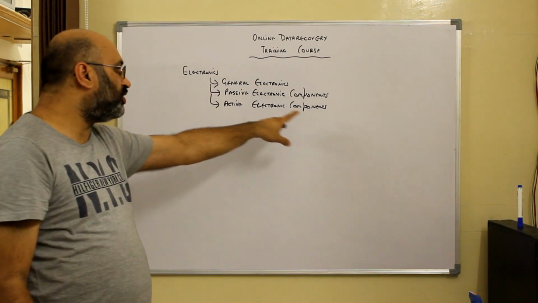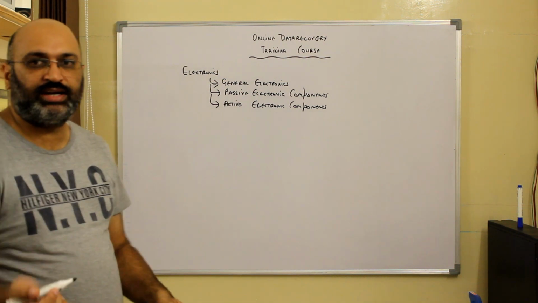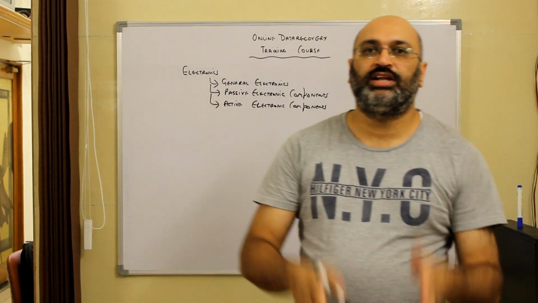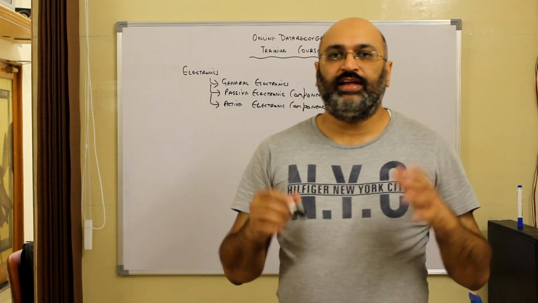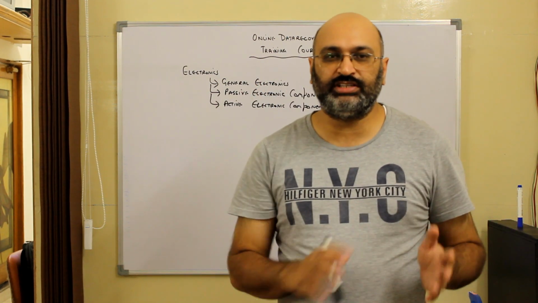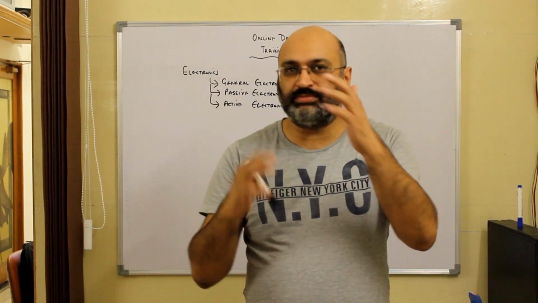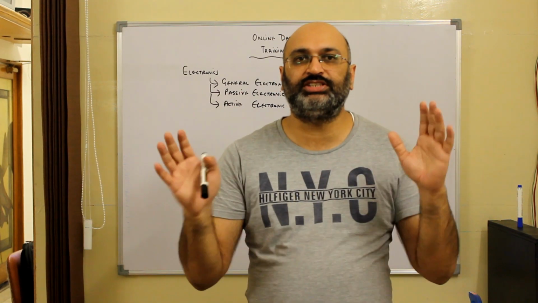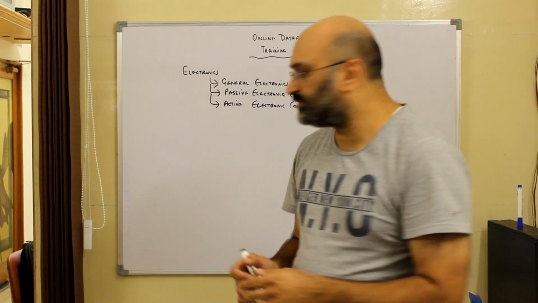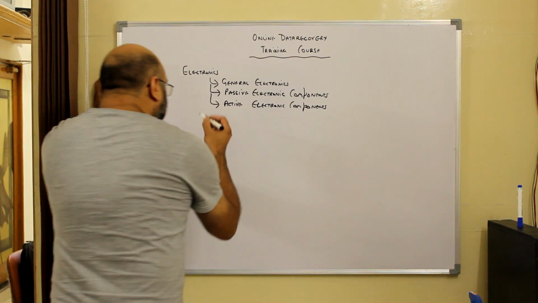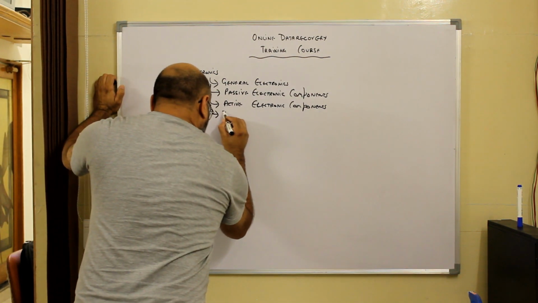In the active electronic components, we will cover semiconductors like diodes, transistors, MOSFETs, and some derivatives of these like the TVS diode, Zener diode, and some other small variations of these three main devices. Then the next one which we will cover is digital electronics.